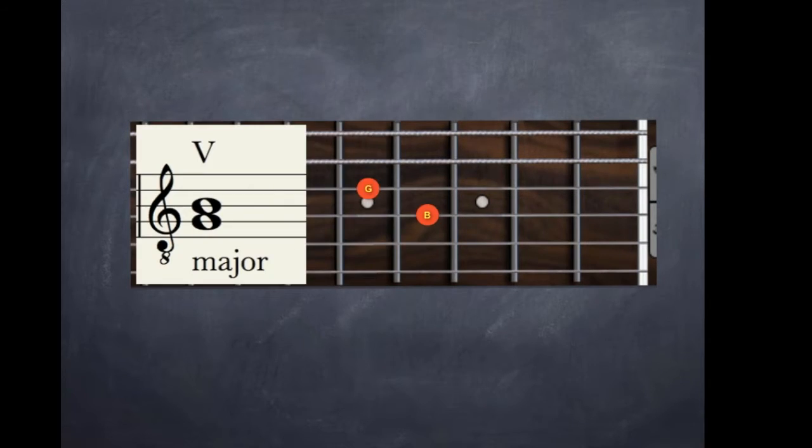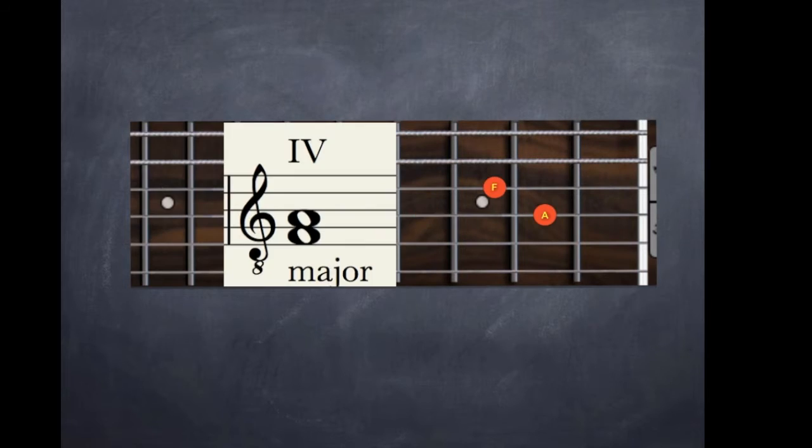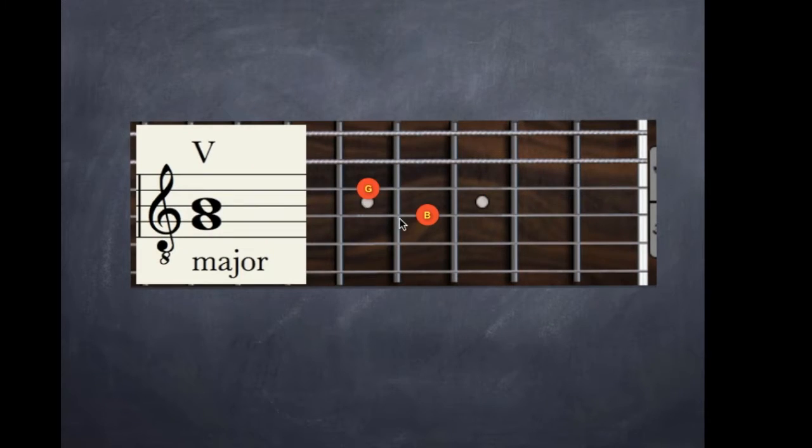Then if we go up to G major, as you'd expect, I've taken the F and just moved it up a tone. So I've displaced the pattern by a whole tone. So we've got G to B. So here's F to A, G to B. It's the same major third.